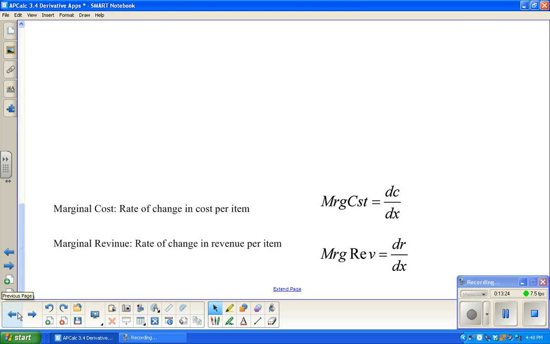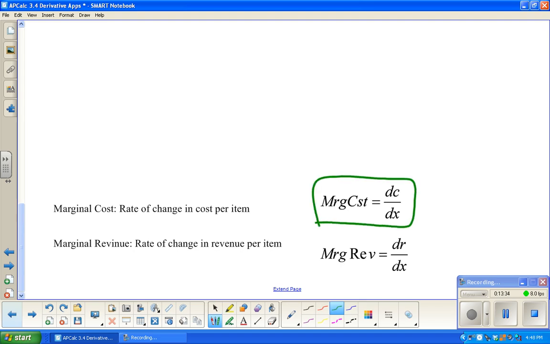So marginal cost is the rate of change in cost per item. And so notice it's this clever, very detailed formula: just do the derivative. So this is the derivative of cost with respect to the number of items.